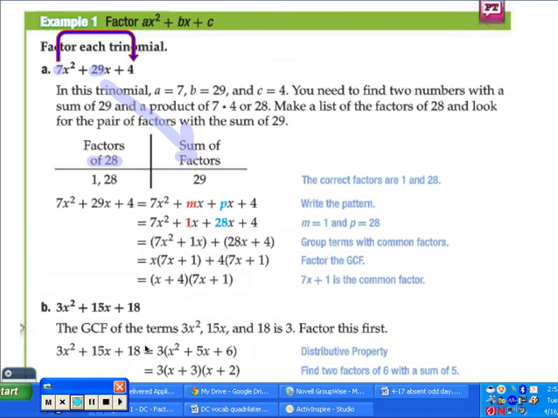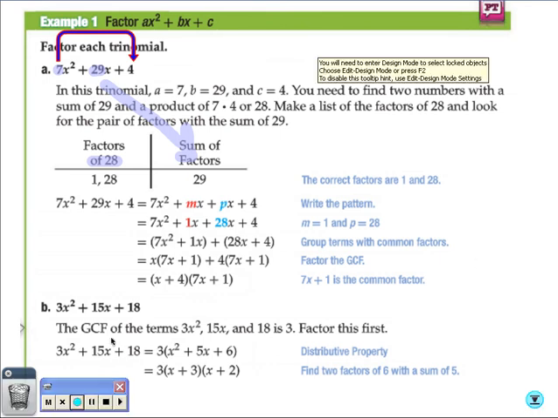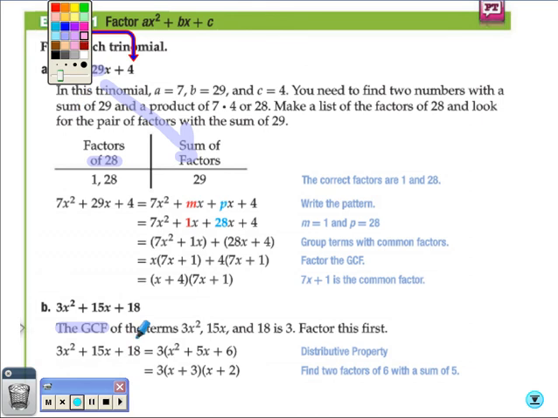Same sort of thing happens down here, where we have 3x squared plus 15x plus 18. This is a big thing. We talked about this previously, where we have got to always check if there's a GCF. I mentioned this in class last time, but we really need to stress it. If there's a greatest common factor that we can factor out, you've got to do that first.